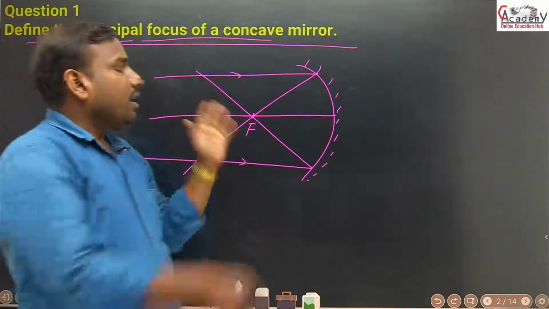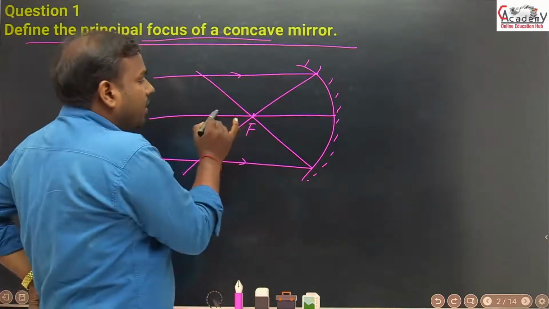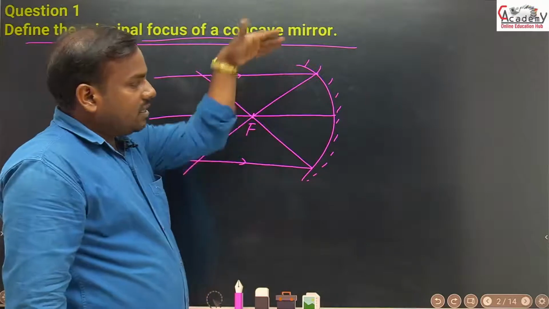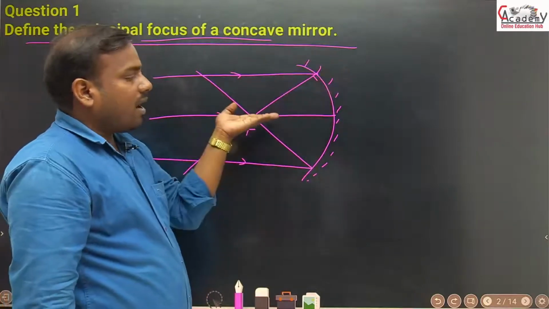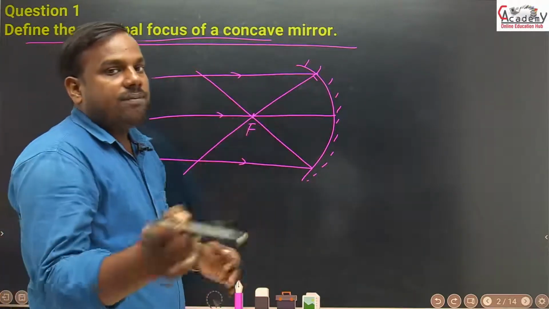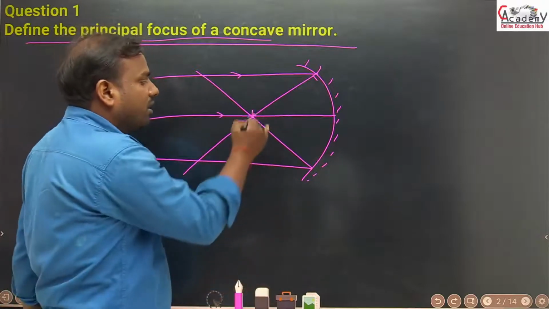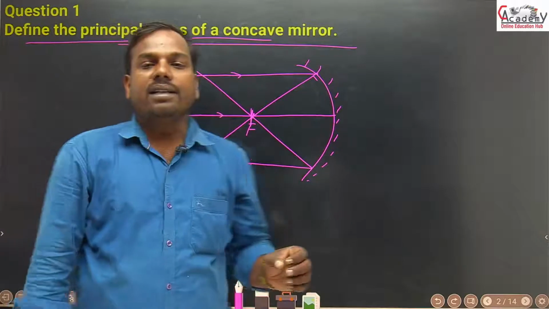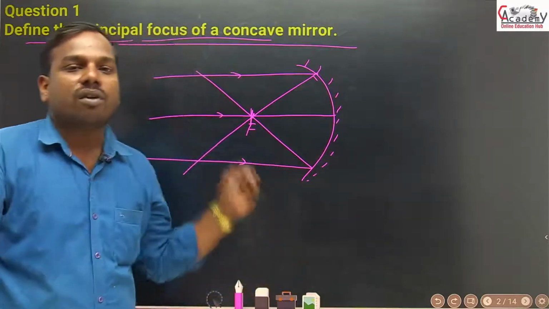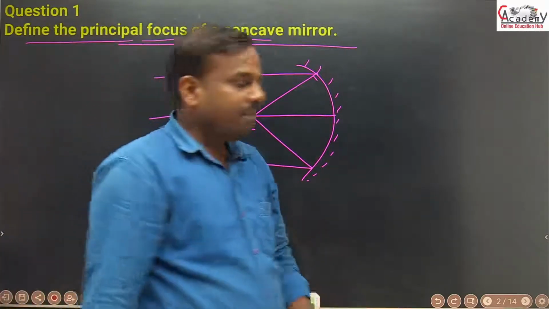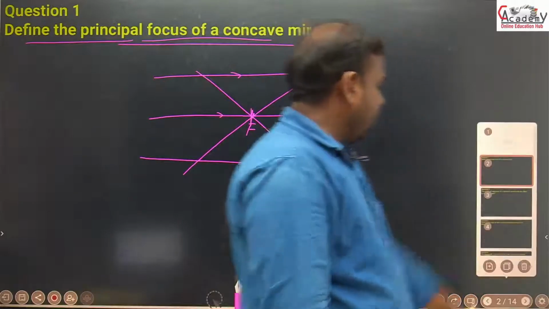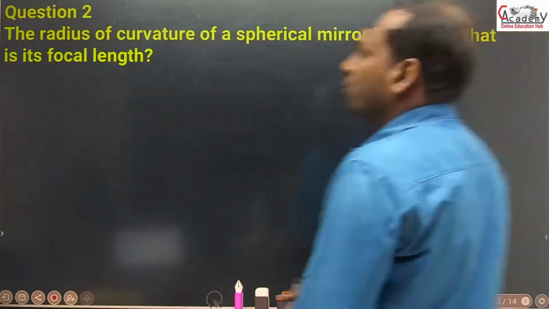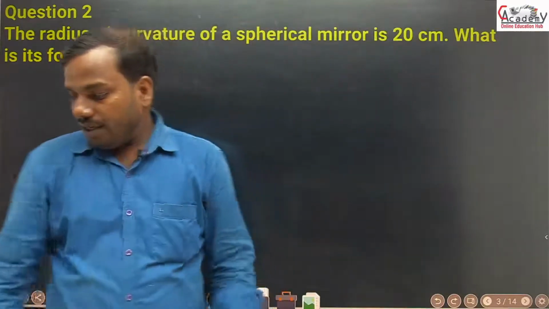You write that when an incident ray is incident on the concave mirror parallel to the principal axis, after reflection it goes through a certain point, and that certain point is known as the principal focus of a concave mirror. Okay, now next question.